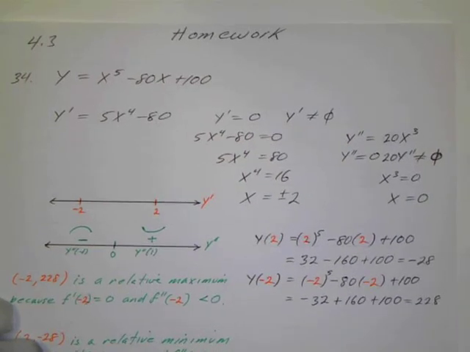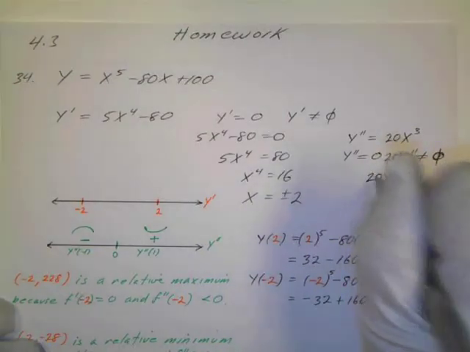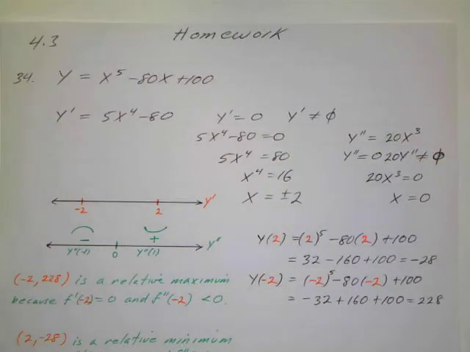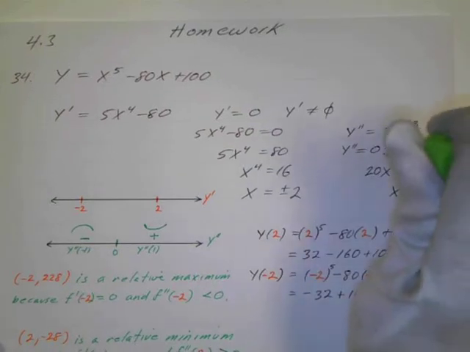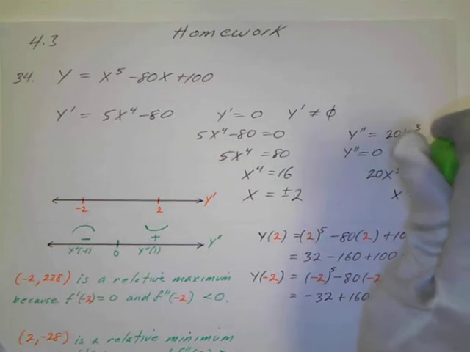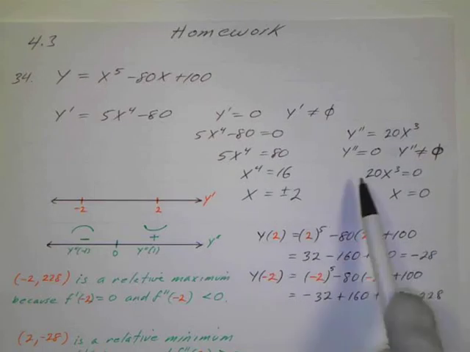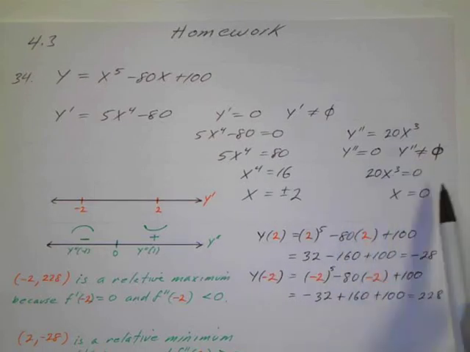This was the 20. Sorry about that. More white out. Okay, we'll fix this up here. There we go. I think that's good to go. Fortunately, these aren't long problems. So we've got 20x cubed equals 0.